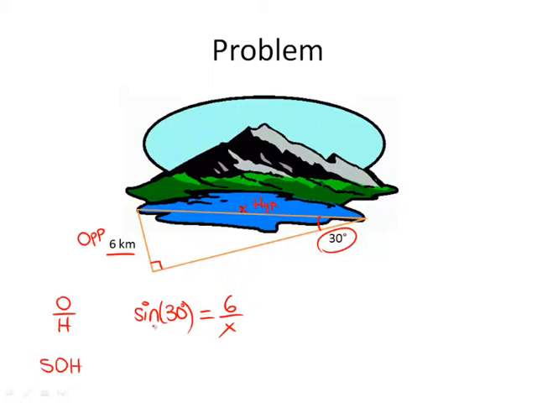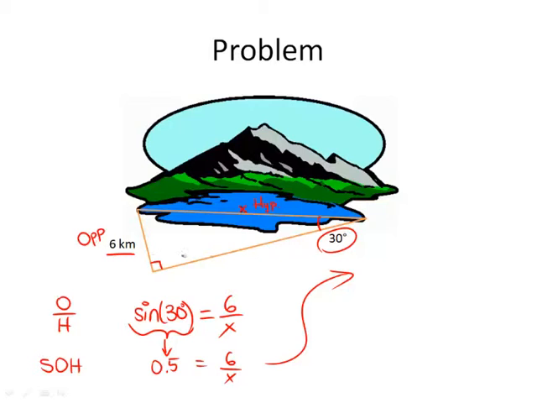Now we also know from the previous example that the sine ratio of 30 degrees was always 0.5. So this is going to actually help us because we'll be able to find the length of the lake by solving this proportion. And this is exactly what trigonometry is all about.